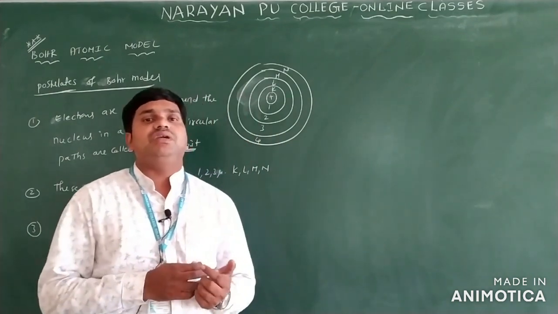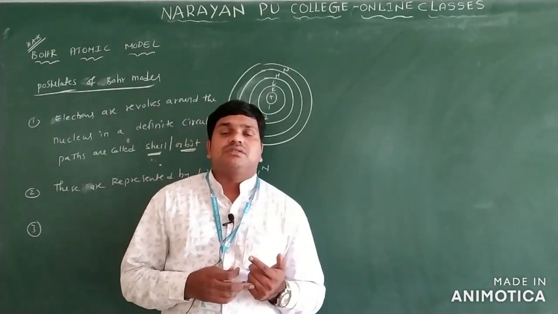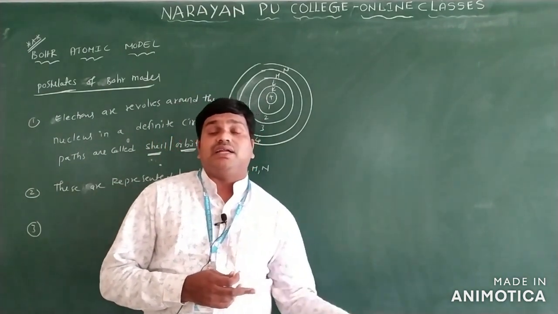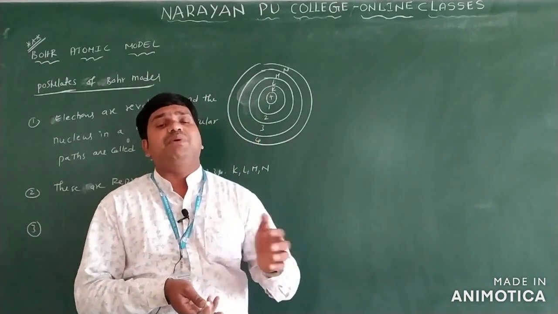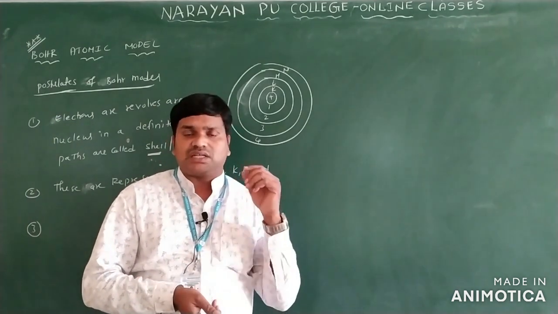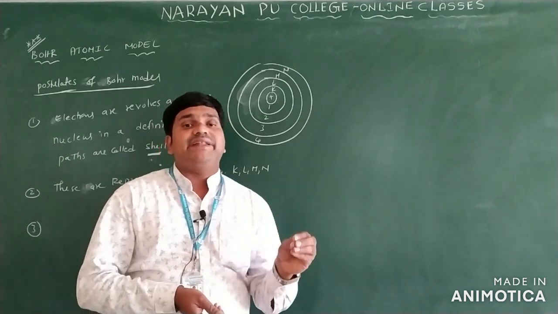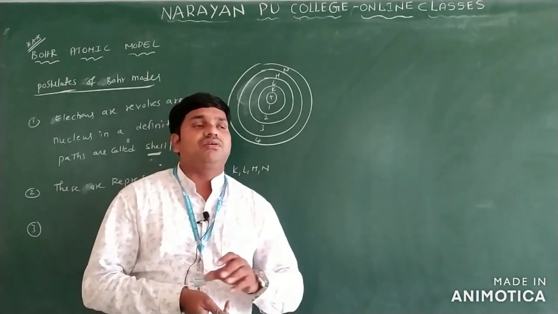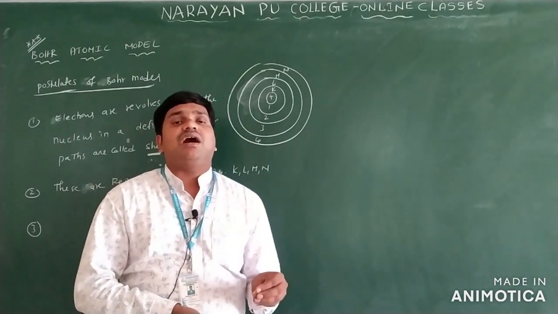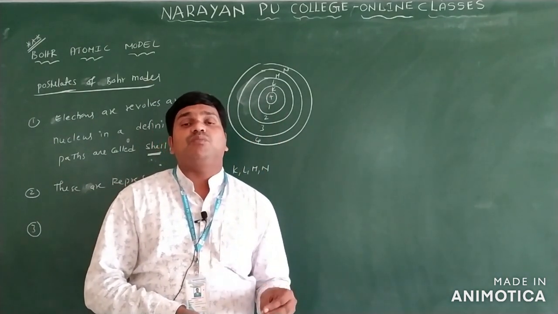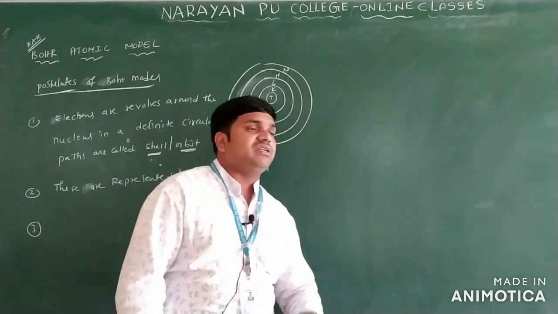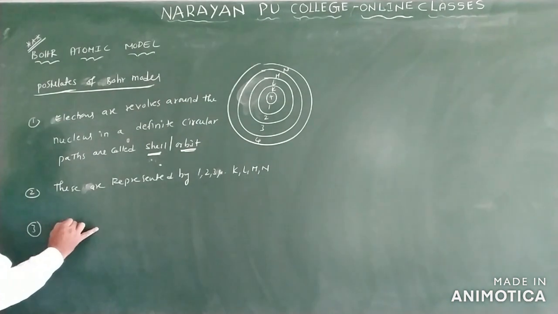Again I am repeating: whenever electrons are revolving around the nucleus, they do not lose energy or emit energy. So the energy of each orbit is constant, which you are calling what? A stationary orbit only. Simply you can write one point here: each orbit is associated with a definite amount of energy. Those are called stationary orbits, or stationary shells.